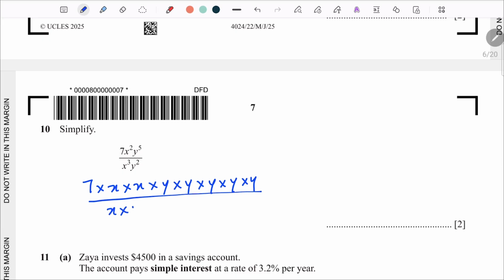Then x on the bottom can be written 3 times and y can be written 2 times. x and x will cancel out with 2 x's. 2 y's can cancel out with 2 y's. So the remaining is 7y cubed divided by x. So the final answer is 7y cubed divided by x.